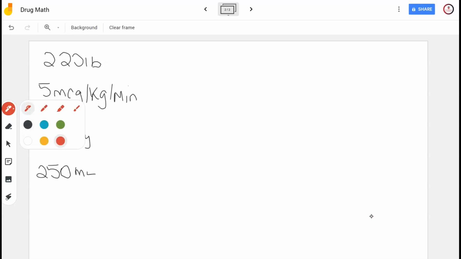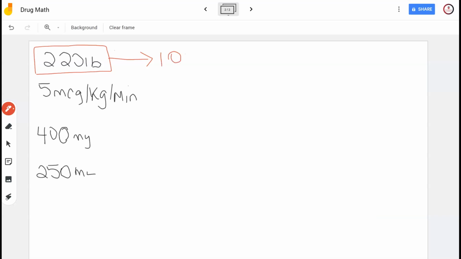All right. So first things first, you're going to convert this to kilos. How many kilograms does a 220-pound patient weigh? 100. Perfect. You're going to multiply that by your desired dose. Okay, this is your desired dose.